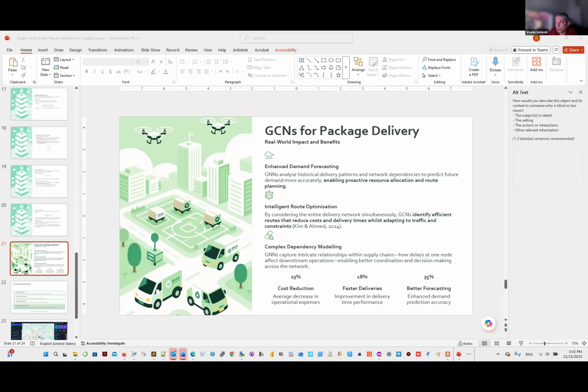The route optimization becomes intelligent, but we don't have to do everything again from scratch. We pick up from where we left off last time. These networks are very capable of identifying the inherent dependencies within the elements of the network, whether the depot or the interrelation between the clients, and so on.